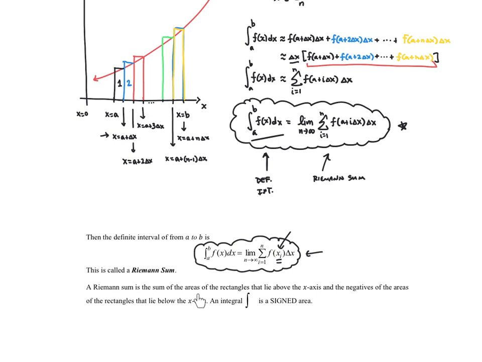Okay, so a Riemann sum is the sum of the areas of the rectangles that lie above the x-axis and the negatives of the areas of the rectangles that lie below. An integral, this symbol, is a signed area.